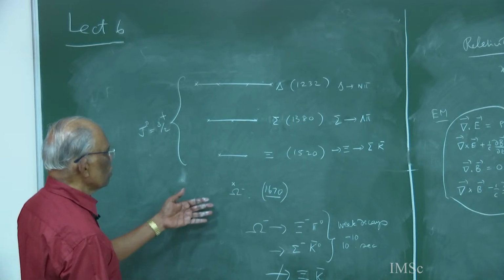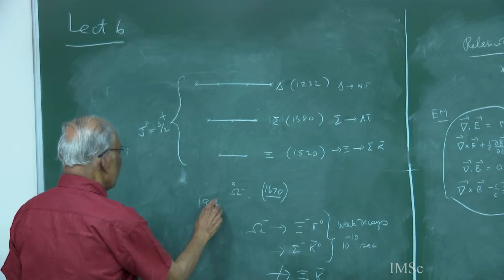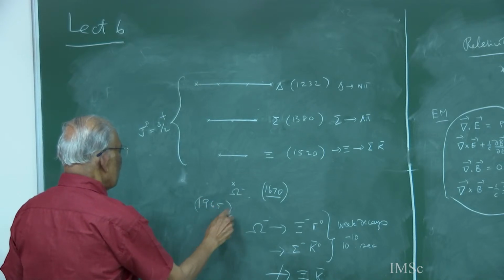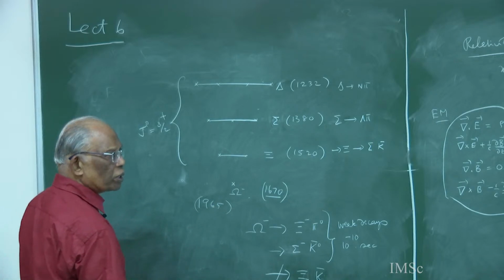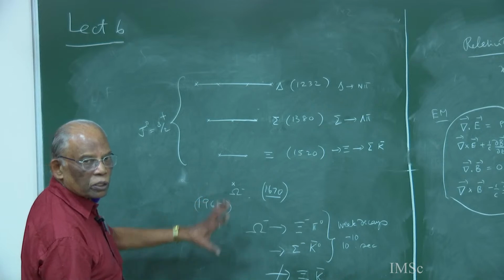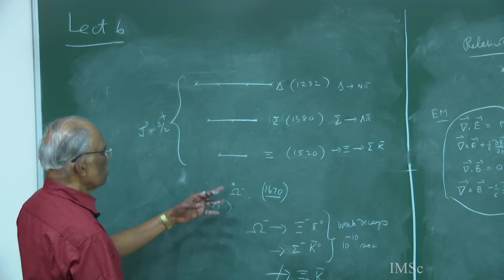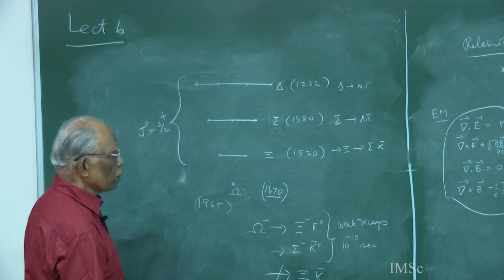I think this experiment was done in 1965, but maybe only after 2000, maybe 40-50 years, the spin parity of this also has been determined. So that was missing, but there was no doubt in people's mind that this is really the particle predicted by Gell-Mann.